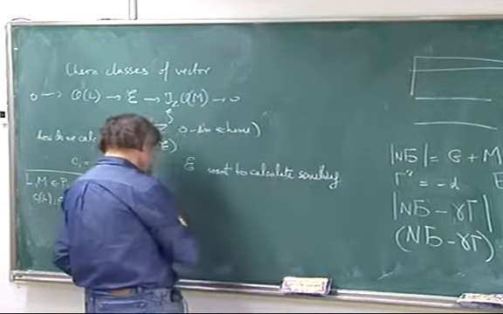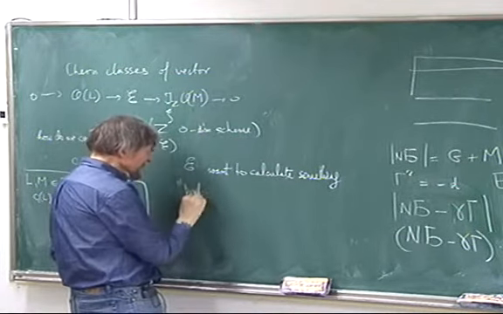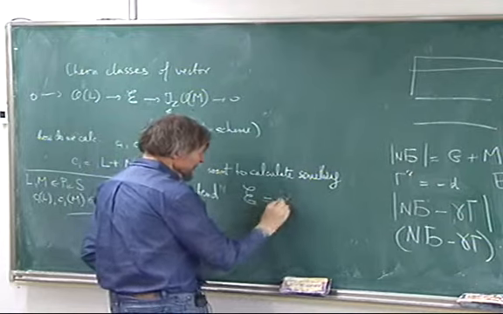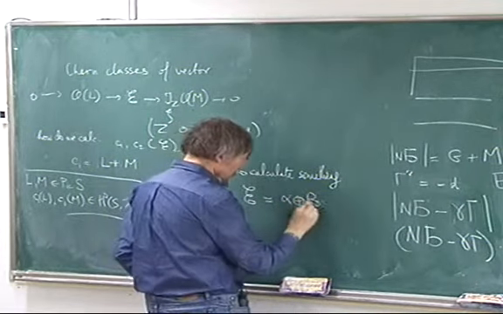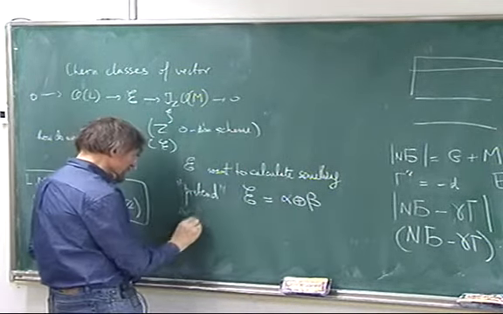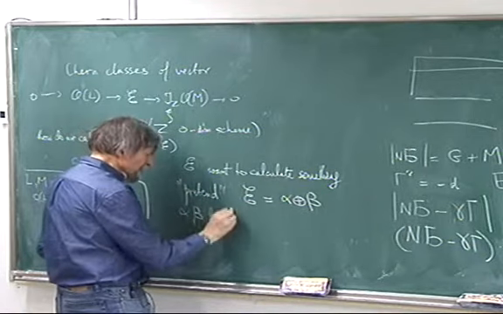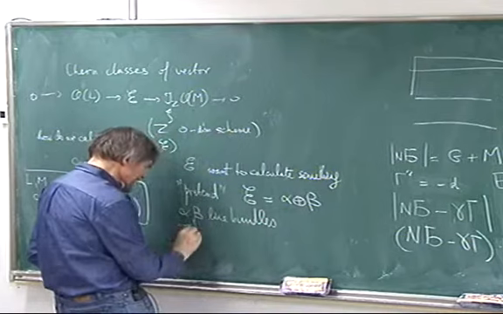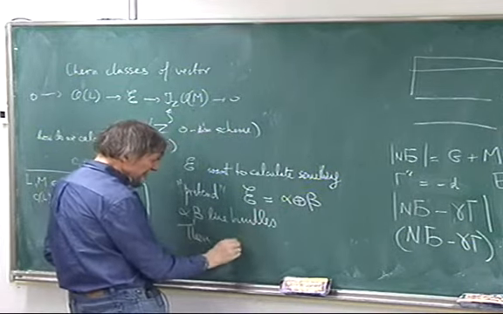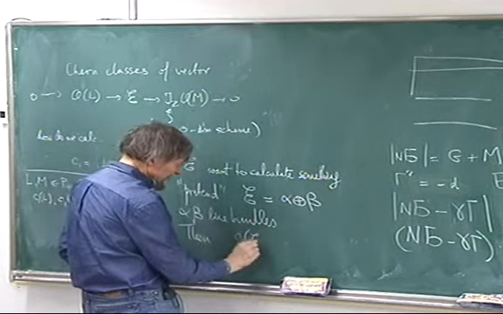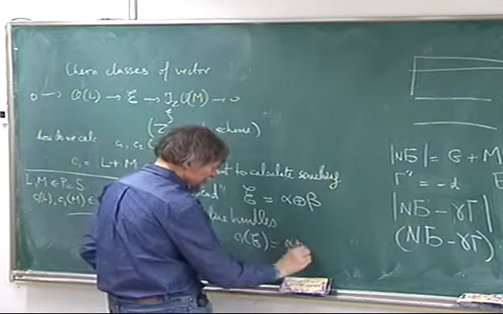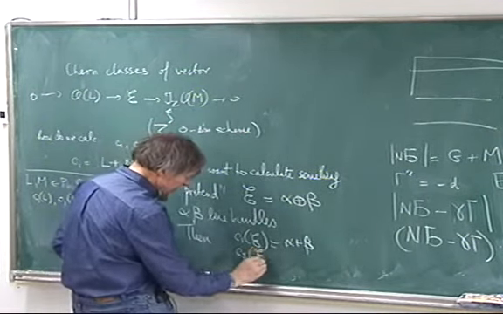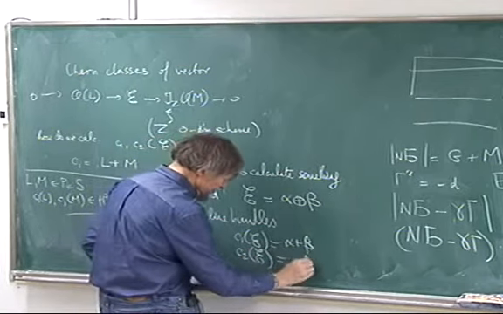So what we do is this. We pretend that E is alpha direct sum beta, where alpha and beta are line bundles. Then C1 of E is alpha plus beta, and C2 of E is alpha times beta.